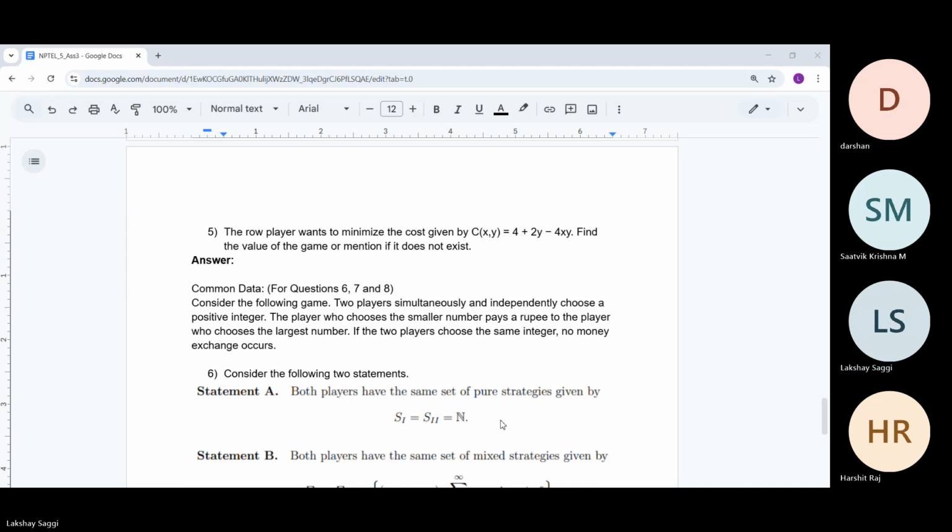So if you can, Harshit is typing the answer in chat, I believe. So Harshit, you made the two equations, right?